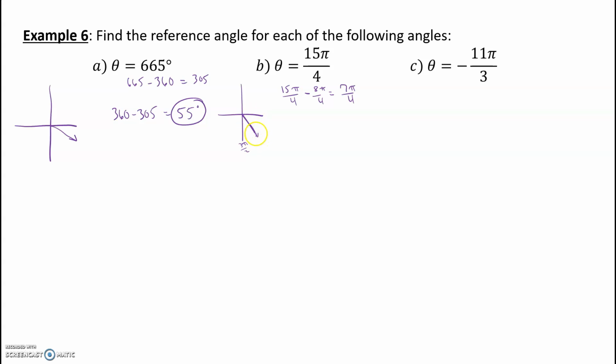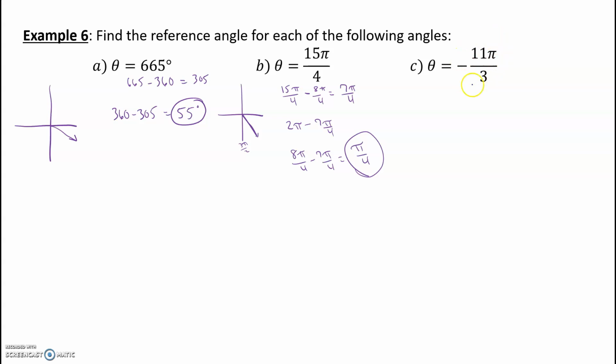So we're in quadrant 4. So remember on this one, you did 2 pi minus 7 pi over 4. So it's 8 pi over 4 minus 7 pi over 4, and you get pi over 4. So we are pi over 4 away from that x-axis. There's my reference angle.